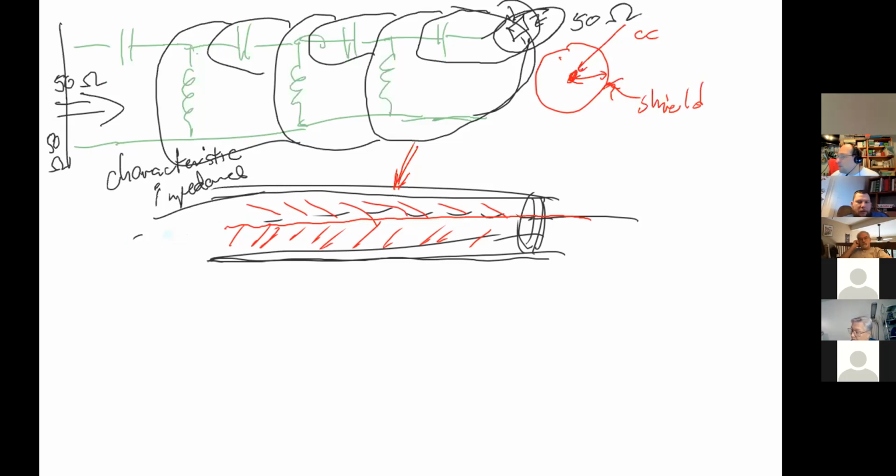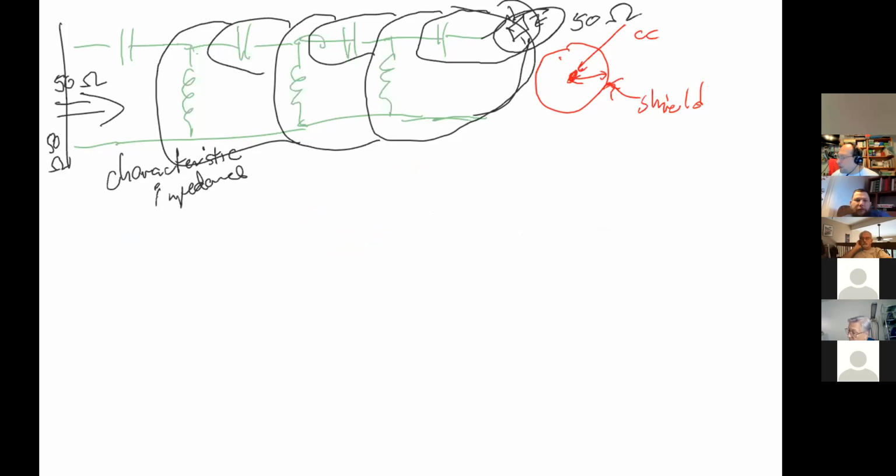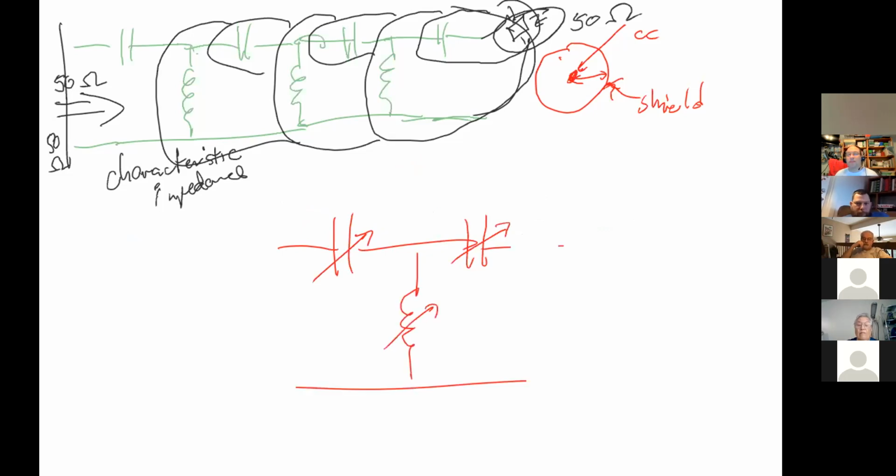So you might remember yesterday I mentioned something called an impedance matching network. The impedance matching network that we looked at looks like this. Does everybody remember that? Yep. Okay, that's an impedance matching network.